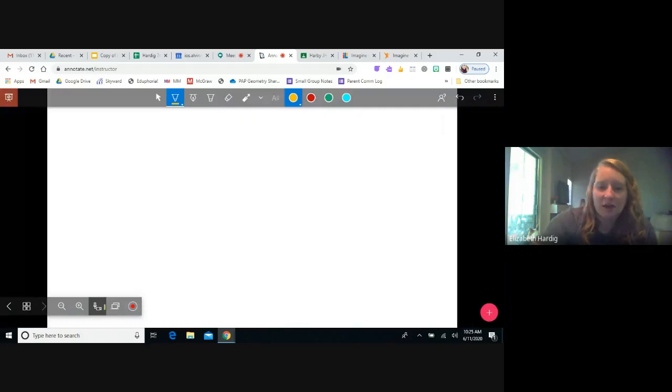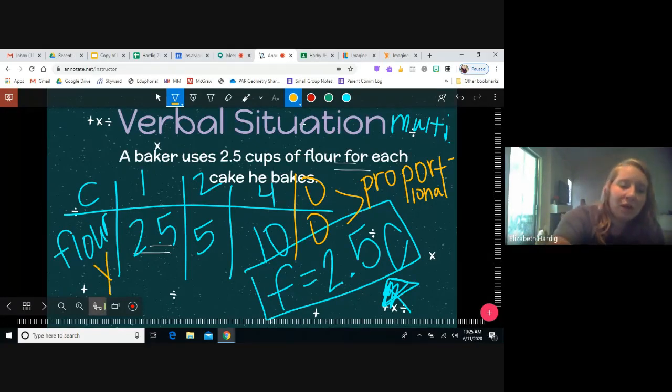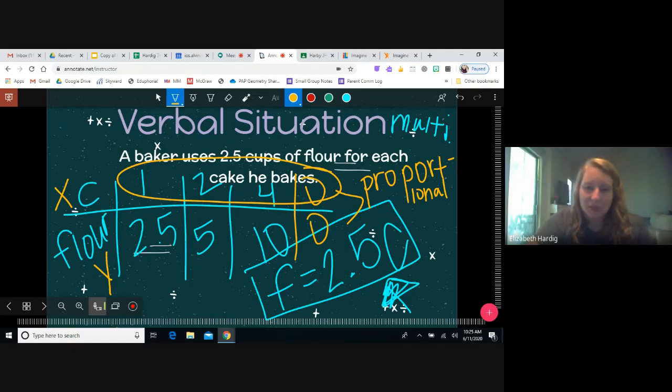Okay, and that is done. And for this example, if we had cakes and we had flour, how much flour we would use would depend on how many cakes we make. So these would be my independent quantities. And what would my dependent quantities be?